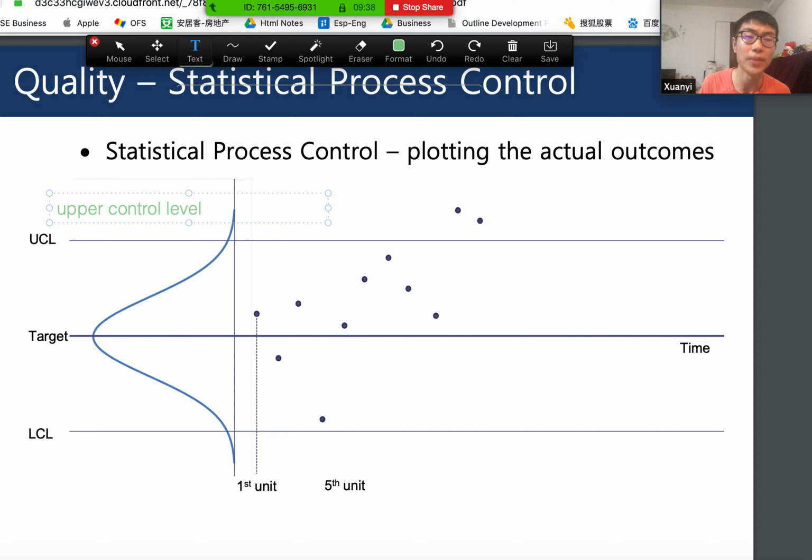It is going further upward than our control level, and LCL means lower control level. So when we have points reaching close to this, or even, you can see, two dots here going over the UCL, they can be considered outliers, and this can be an issue, because it means it is out of control. The quality is out of control because you have certain products that are even over the upper tolerance level, as you designated.